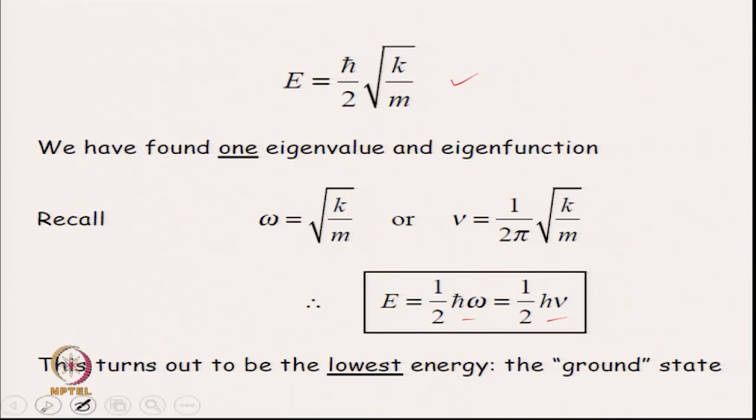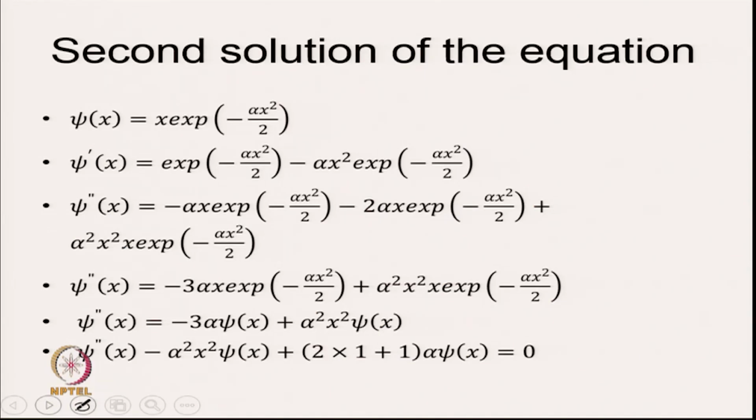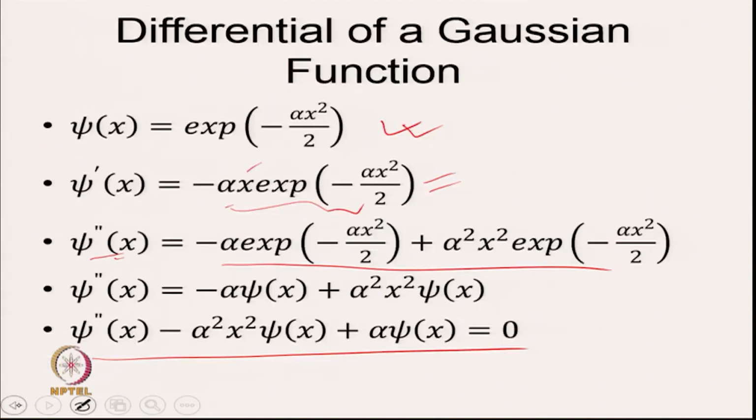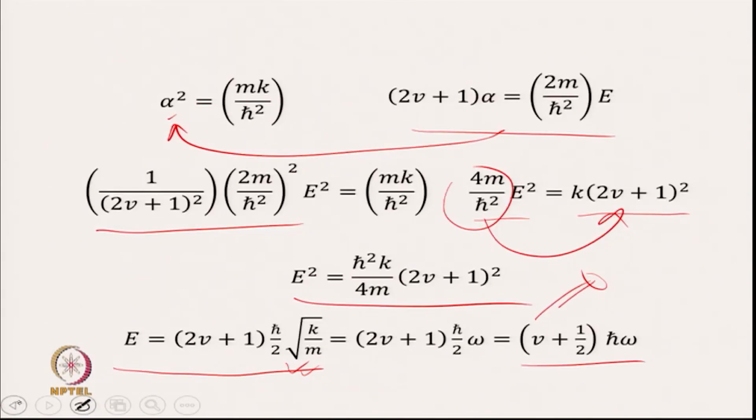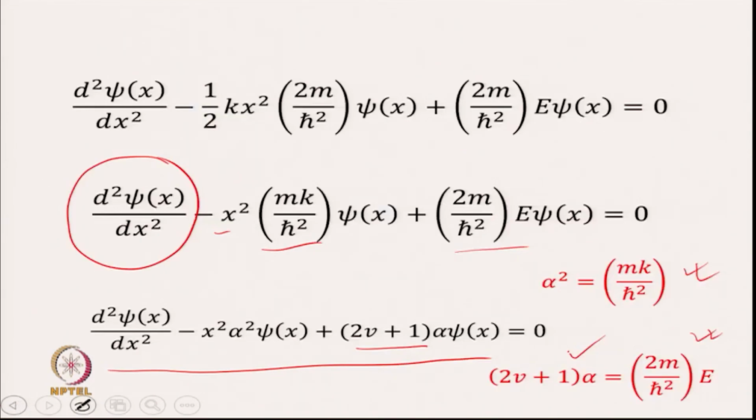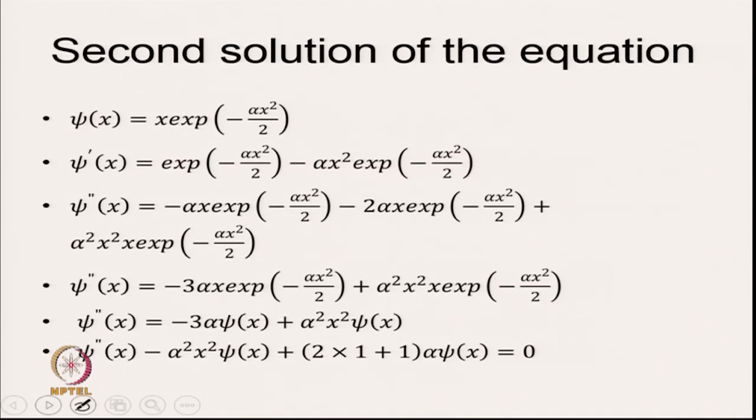Now, we will go to V is equal to 1 and try to see what the solution will be. If you remember, this is your differential equation. If I take V is equal to 1, what I am going to get is 2 into 1 plus 1, means 3 alpha psi x, and now we are trying to look at the solution of this. The solution is again known, and this is x multiplied by exponential minus alpha x square by 2.